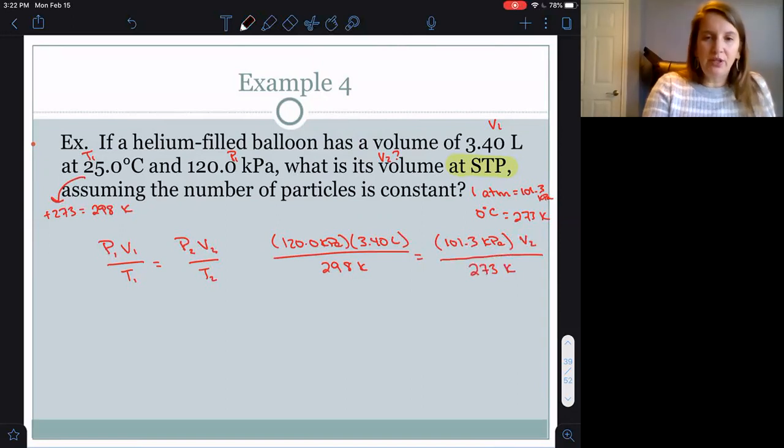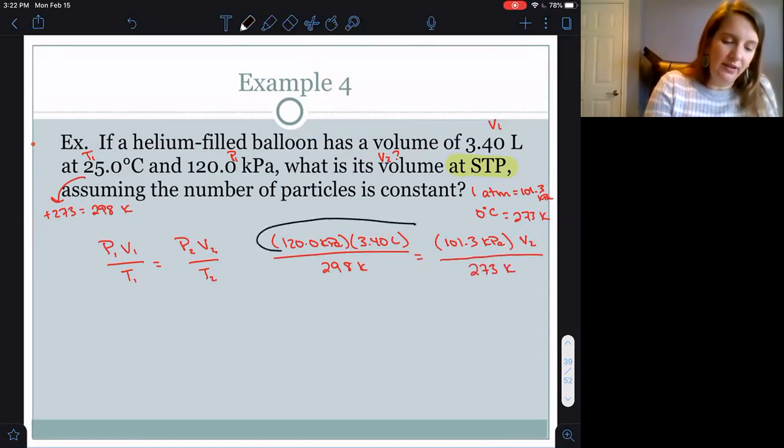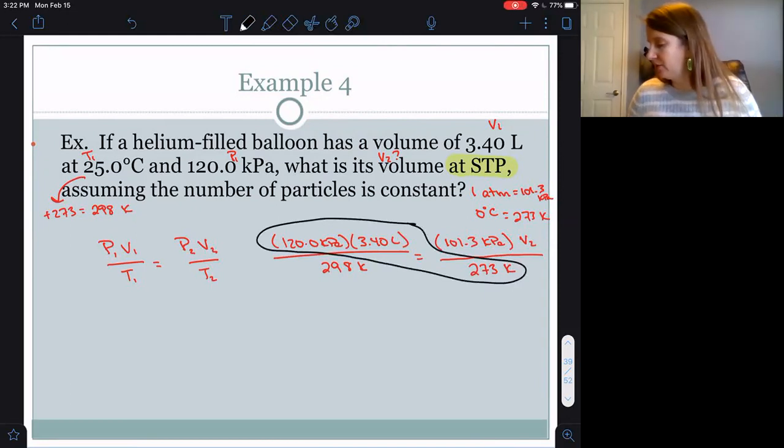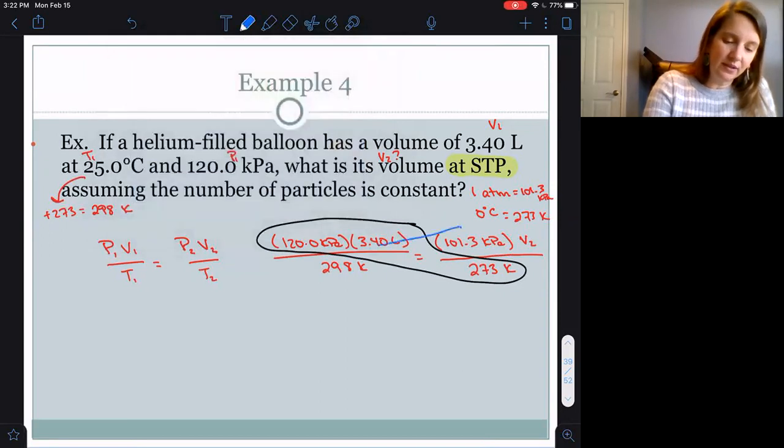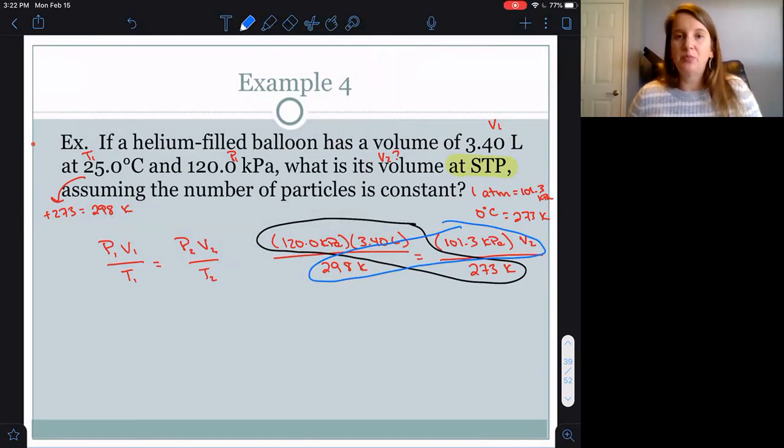So you want to make sure that you multiply the diagonal where there is no variable. So I'm going to multiply 120 times 3.4 times 273. And then I divide by the diagonal where there is a variable. So make sure you divide by the product of these, or divide by each number. So I have to divide by 298 and 101.3.